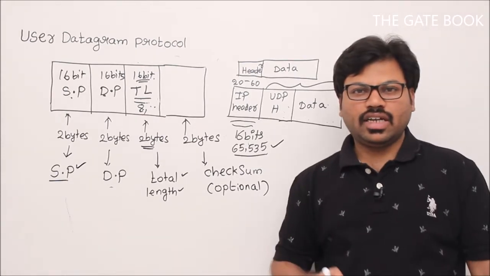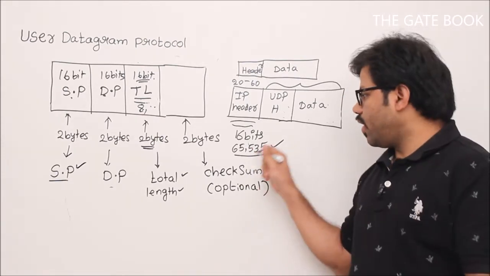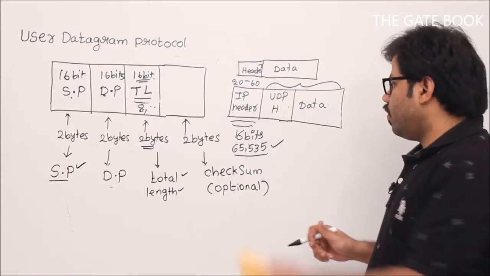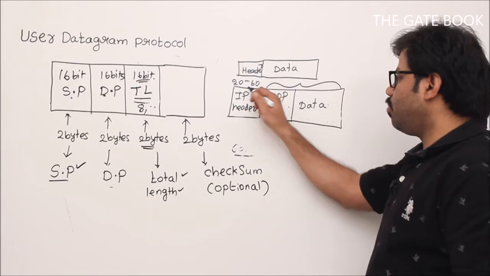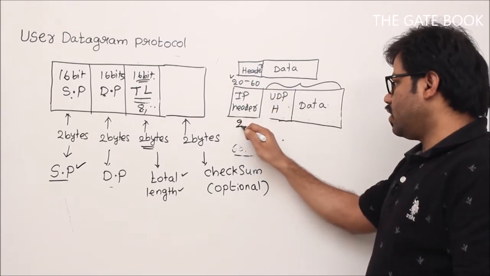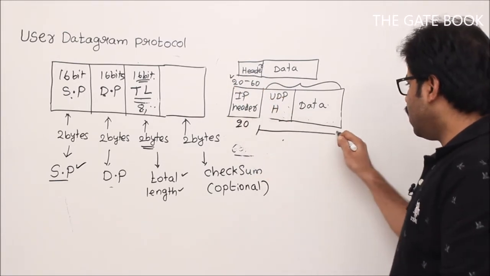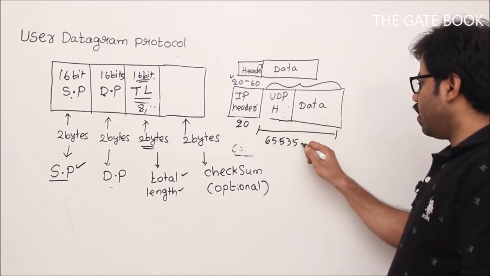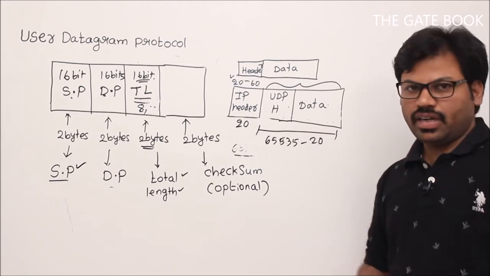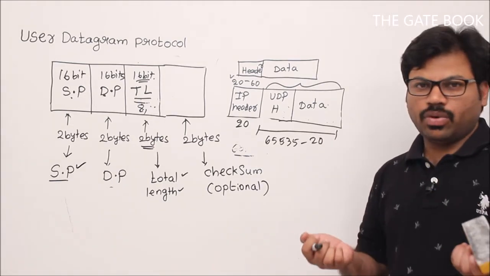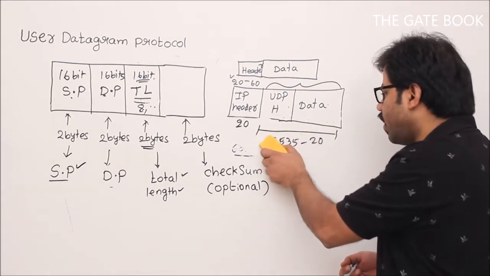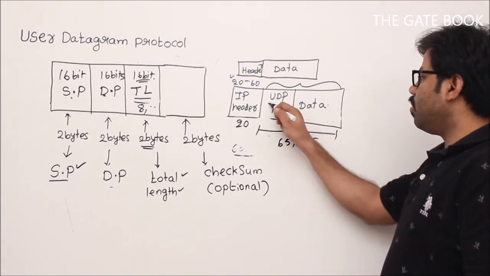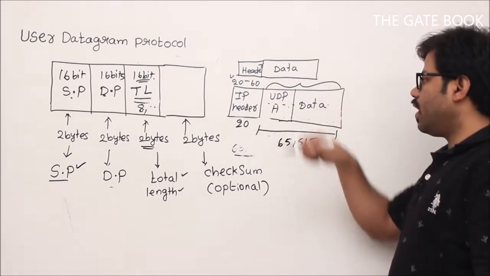In that we have seen that IP total length allows only 65,535, of course including its header. So now it depends on IP's header. For example, let's say for the time being we assume the IP header is 20. Simply, IP says that the remaining size is only 65,535 minus 20. That is IP's rule, right? In that way it is going to support the packets. Now 65,535 minus 20 is 65,515. This is the maximum data IP can carry.